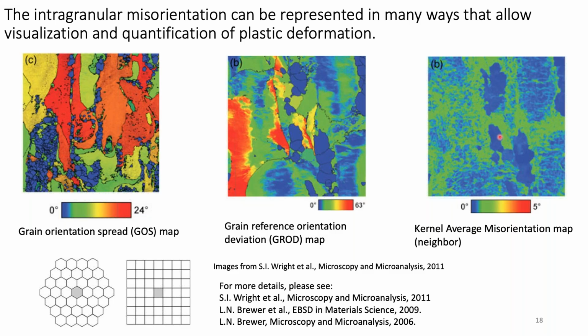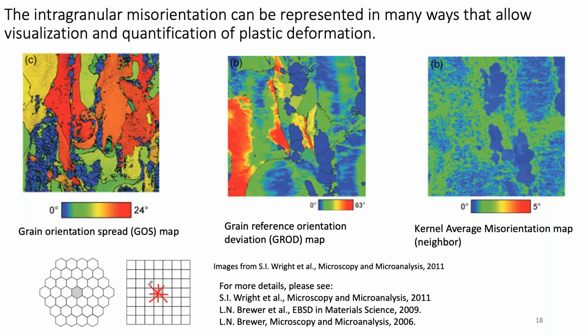On the opposite end, let's go to the right-hand side, we have what I would call local misorientation. This is a very popular kind of map, a kernel average misorientation map. It comes in several flavors. This is the neighbor flavor. In this idea, you're looking at a pixel, and you're calculating the misorientation between that pixel and its nearest neighbors. You can choose how many nearest neighbors you use, and there are all kinds of variants on this.